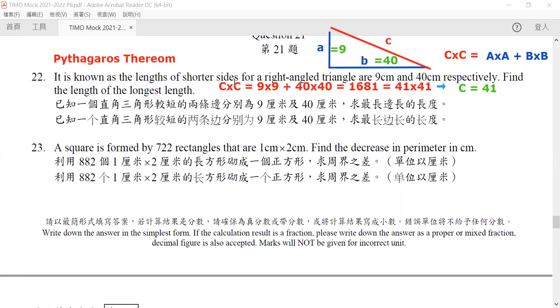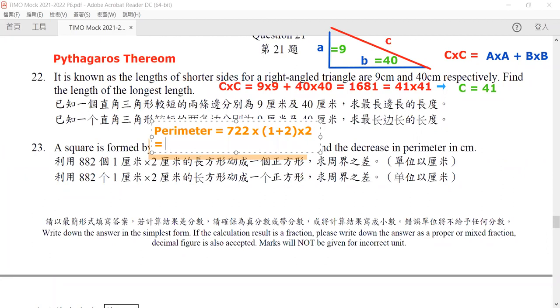Now, if we have so many rectangles, what's the perimeter? The perimeter in this case for the 722 rectangles will be 722 multiplied by the perimeter of each, so it will be 1 plus 2 plus 1 plus 2.